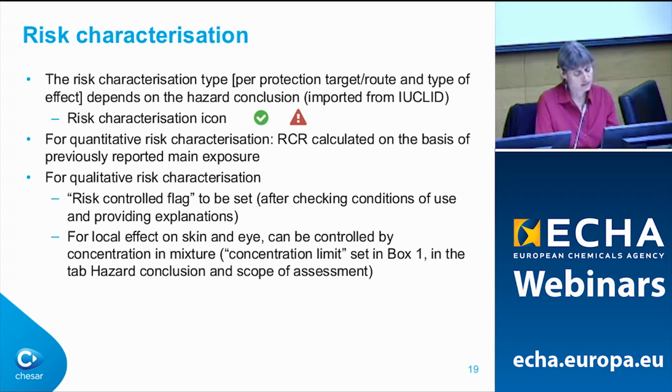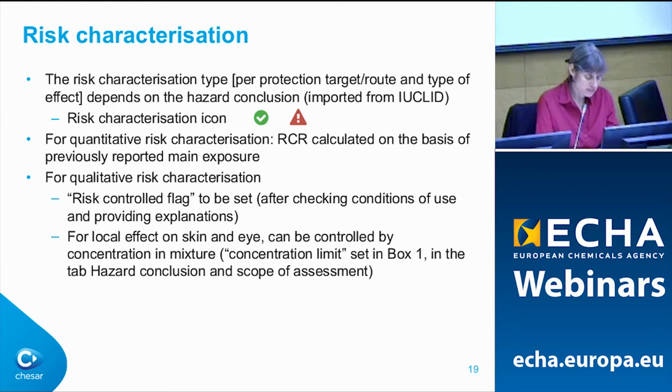For qualitative risk characterization, in order to make the tool understand that the risk is considered controlled by the assessor, there is what we call a risk control flag to be set. So you need to check a box. It will set the icon to green, but you should only do that once you have checked that the conditions indeed ensure safe use and that you have provided explanation on the risk characterization.